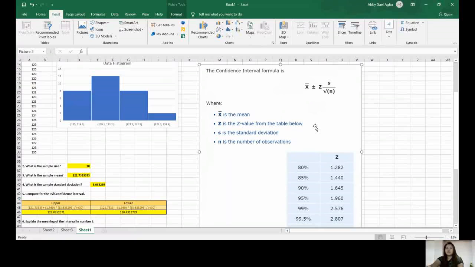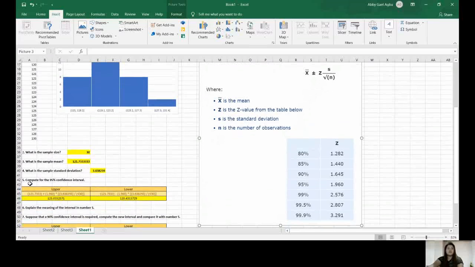So we have two values, which is the upper and the lower value. Upper we can associate with a plus and lower with a minus.